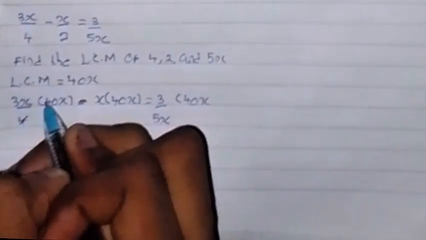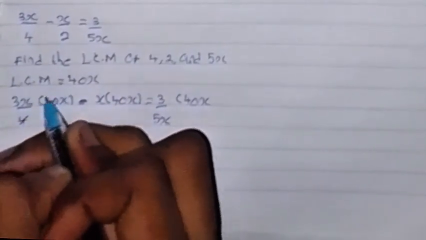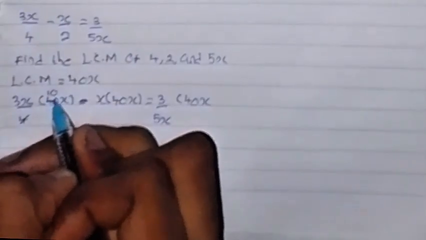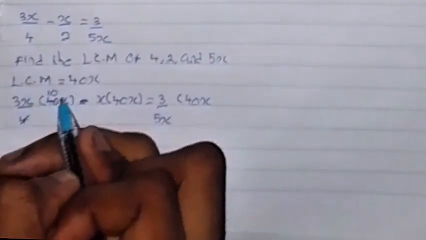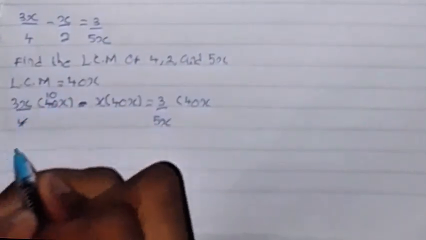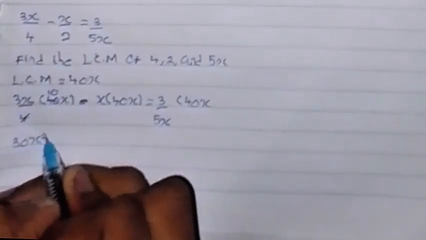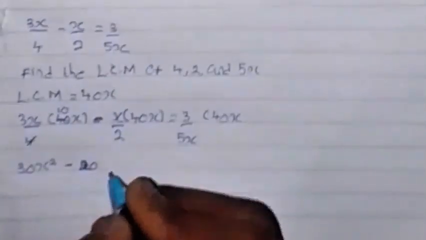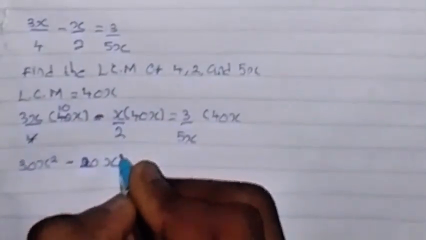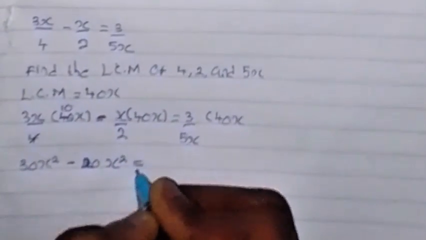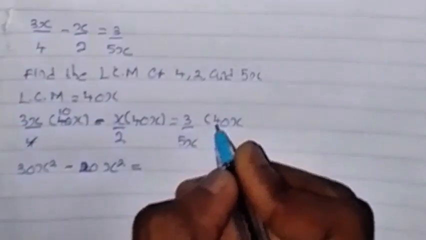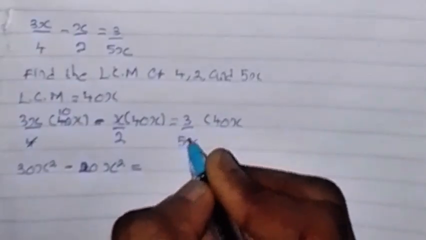If you observe closely, we have 3x times 40x over 4. The 4 here can divide 40 to give us 10. What we have left is 10x. 10x multiplied by 3x gives 30x squared. Then minus 20x squared will be equivalent to 40x divided by 5x.